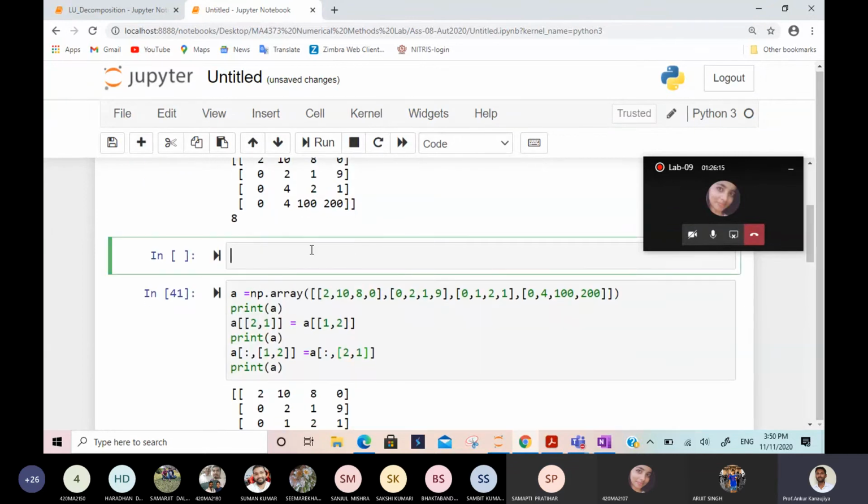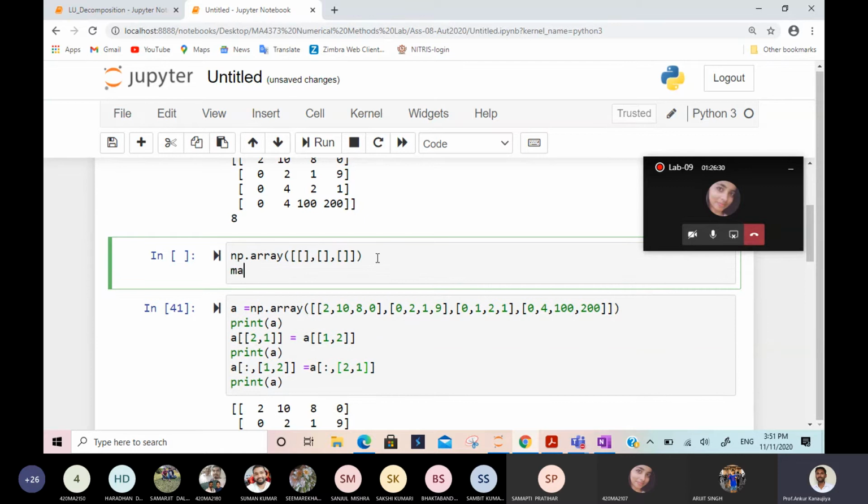See, I am writing here np.array. One column, first row, second row, and third row. And then I am finding the maximum of arg. This maximum I am printing.